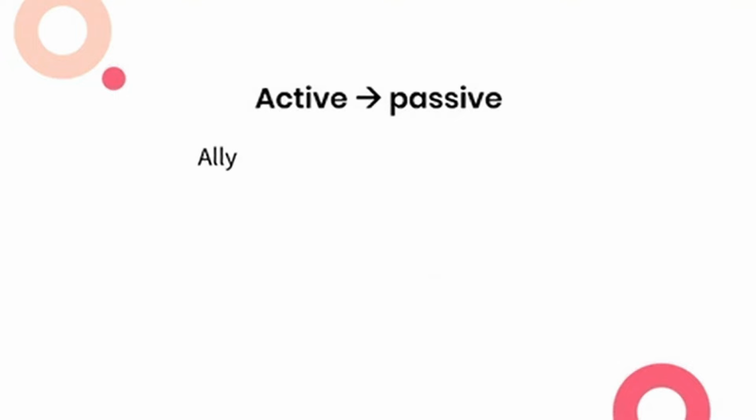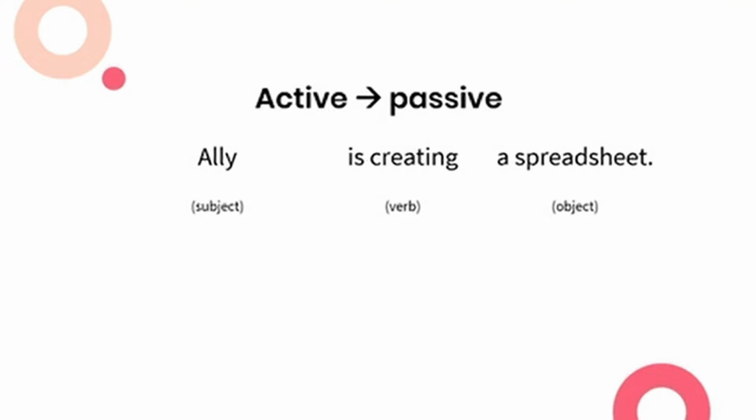Lastly, we have Ali is creating a spreadsheet. We've got our subject, Ali, our verb is creating, and our object, a spreadsheet. Now, let's have a look at how the present continuous tense verb changes in passive form. So, here's the sentence.